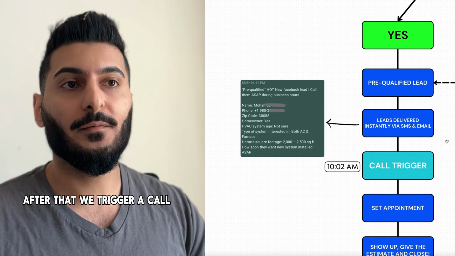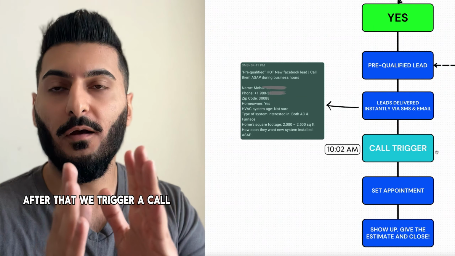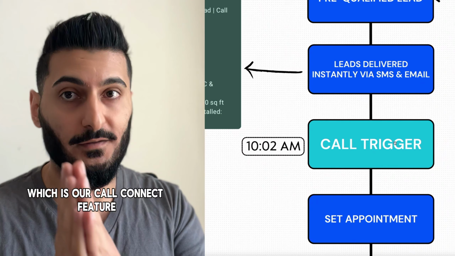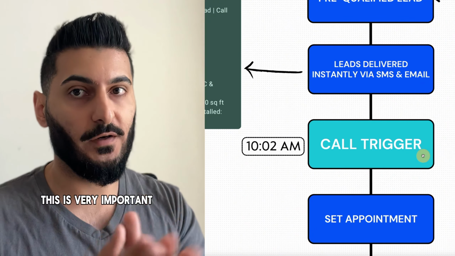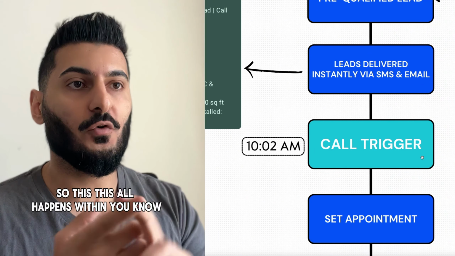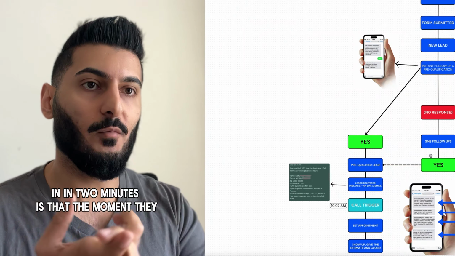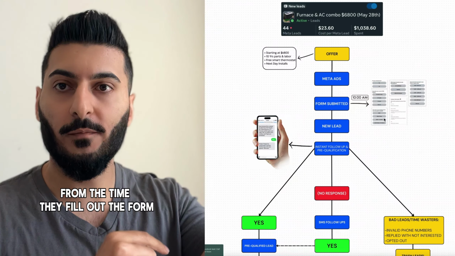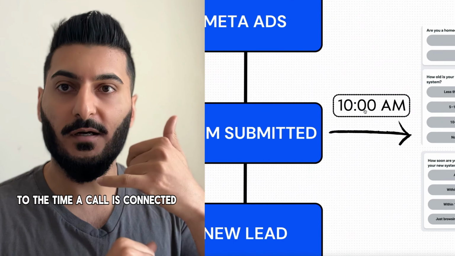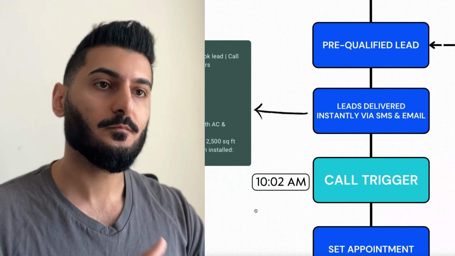Right after that, we trigger a call, which is our Call Connect feature. This is very important. This all happens within 2 minutes. From the time they fill out the form to the time a call is connected takes 2 minutes.